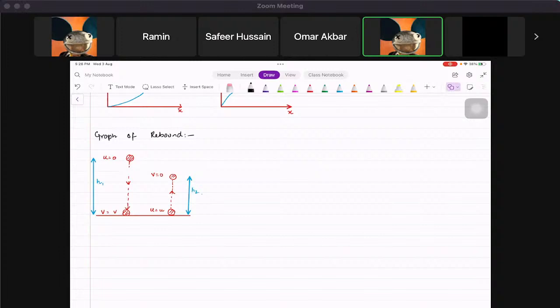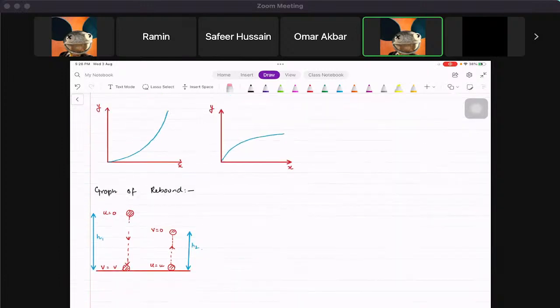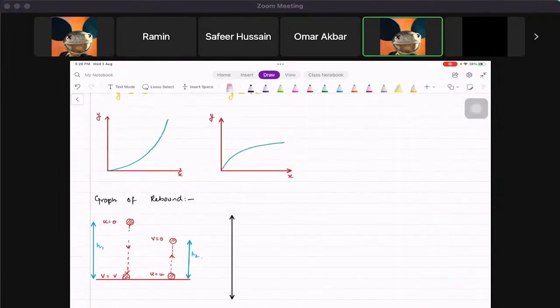So this would be like this. You just need to remember that the acceleration due to gravity, if you take g as positive 9.81 meters per second square, it could be any other g of any other planet, doesn't matter.